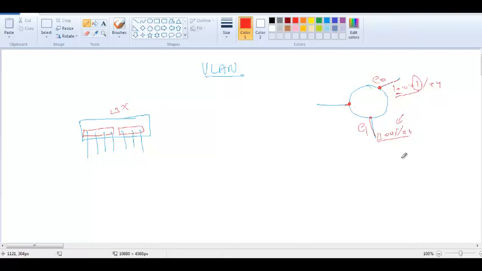Communication between these two is possible because there is a router that handles the traffic, not a switch. Routers are layer 3 devices. We know they use the destination IP address to decide on the exit interface.